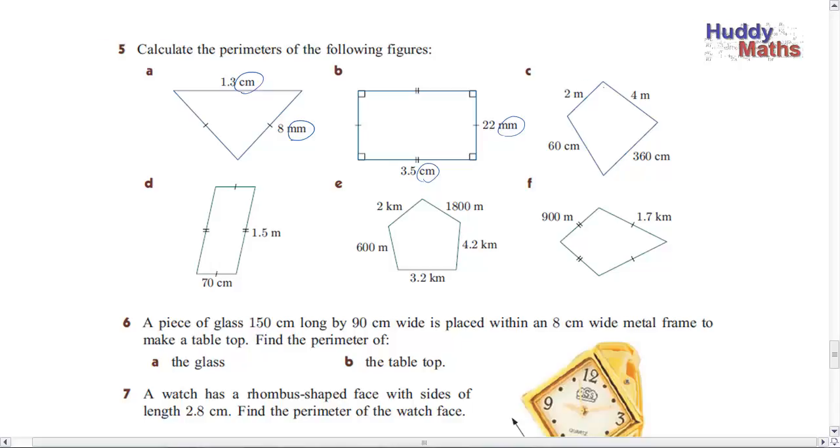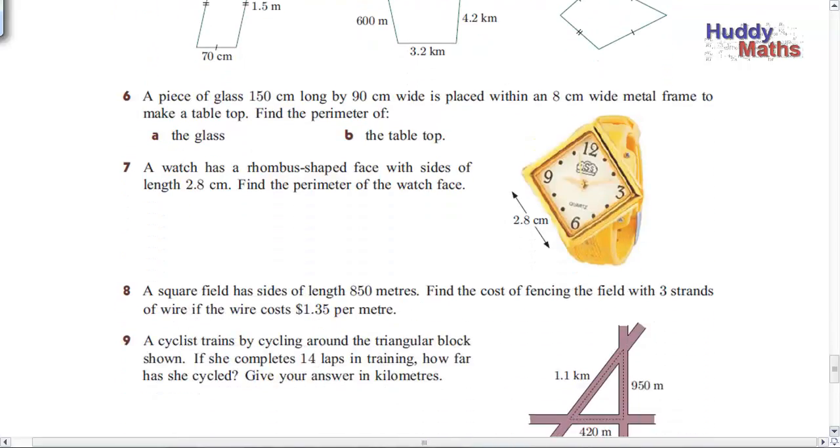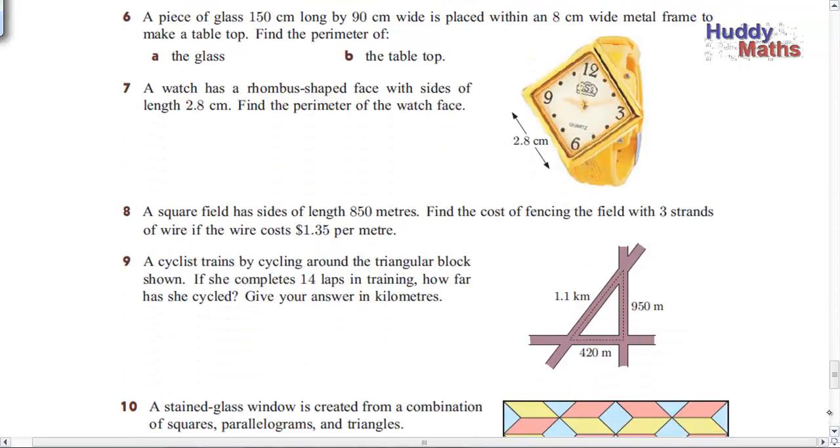Okay, pause it and have a go. And when you've done a few in question 5, toggle forward and make sure you're getting them right. Okay, don't perpetuate an error. All right, so try question 6 then, and I'll just scroll through these, and then you can have a look at the answers. Okay, then question 7, 8, and 9.